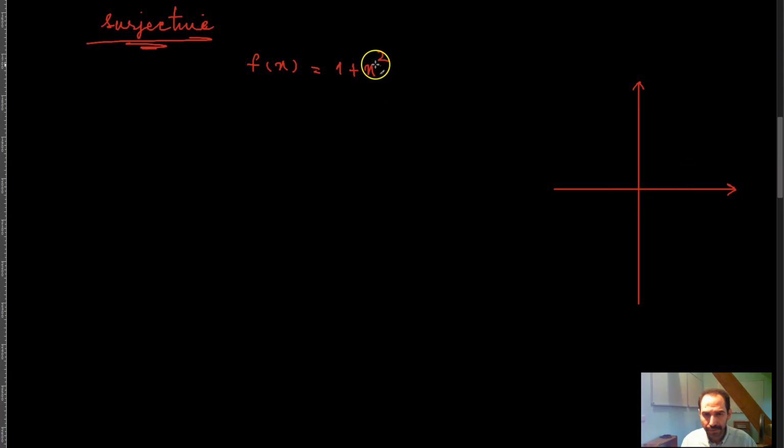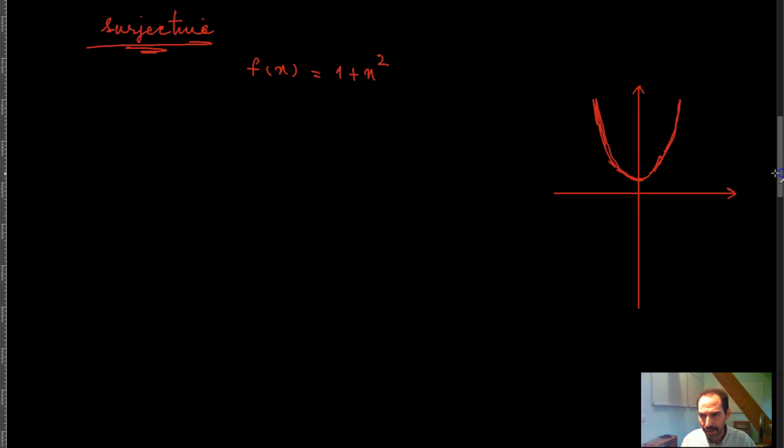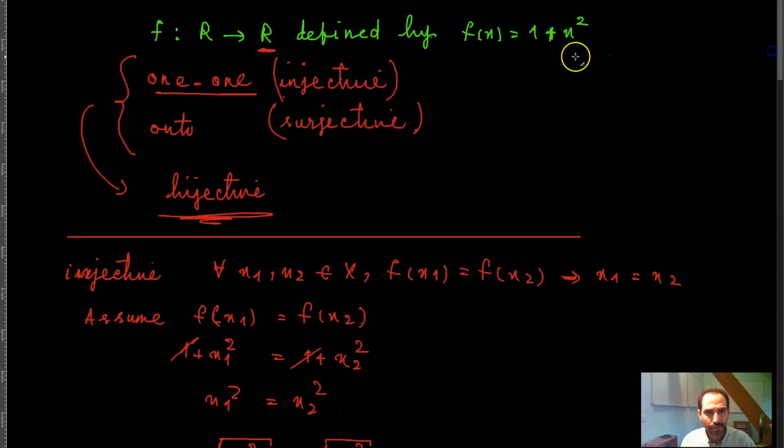For example, f of x is equal to 1 plus x squared is going to be some function like this. What we are saying here is that f goes from R to R, meaning that your domain is the set of real numbers, and your codomain is also the set of real numbers.